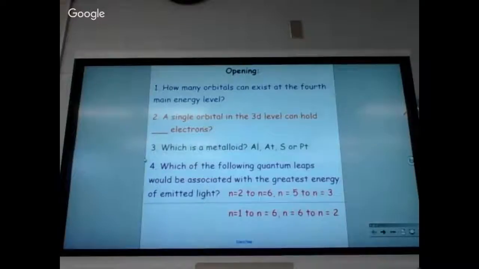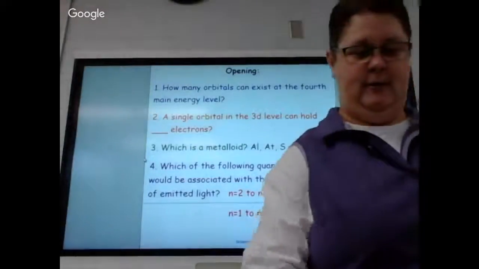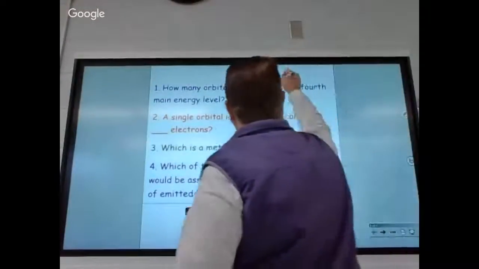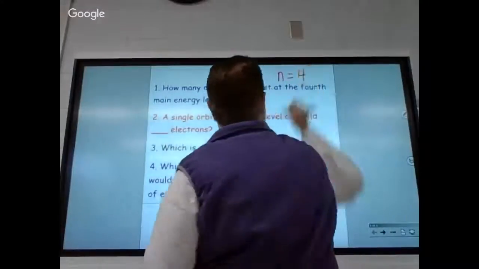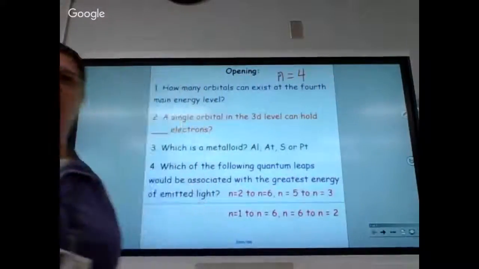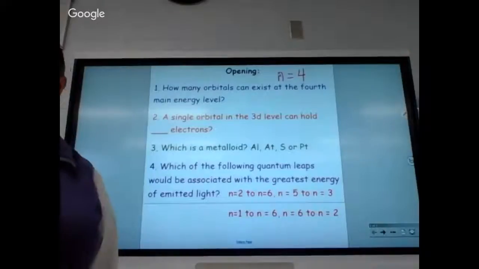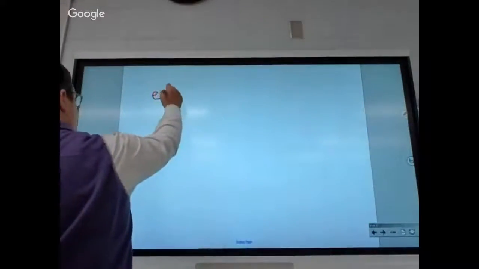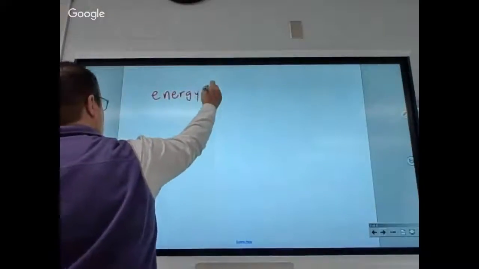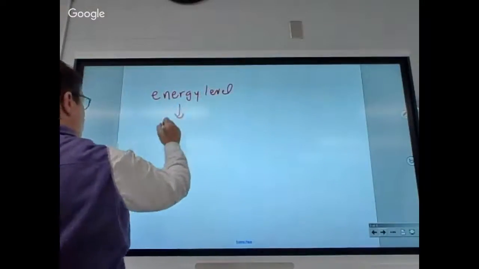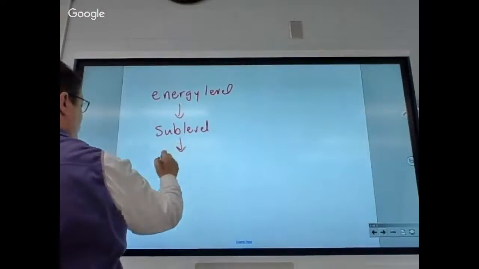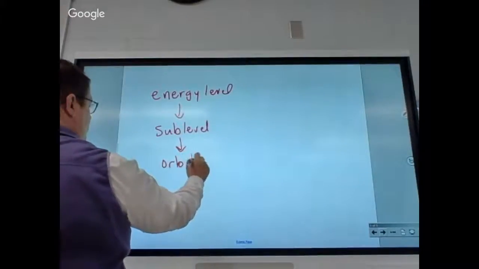Okay, what do I mean when I say 4th main energy level? I'm talking about n equals 4. So when I say energy level, energy levels have what inside? Sublevels. Sublevels have orbitals.